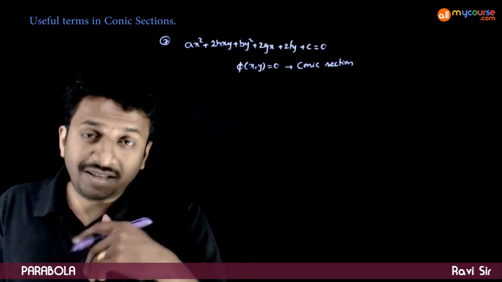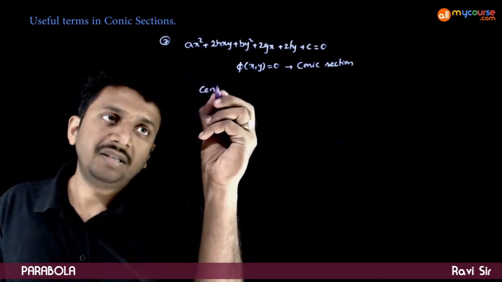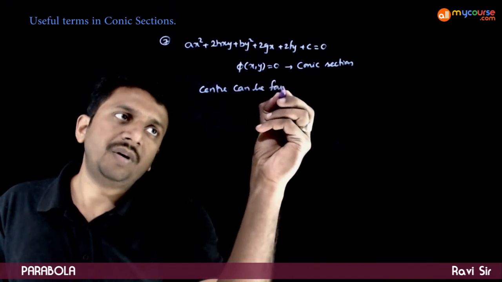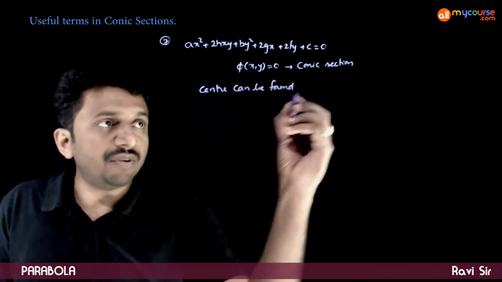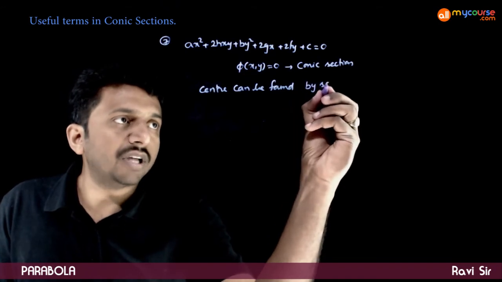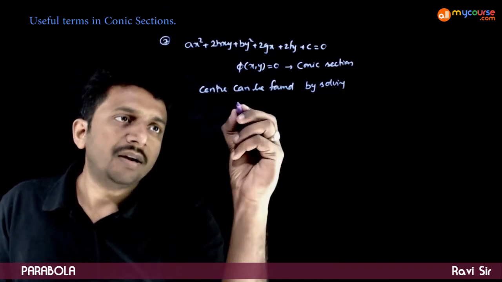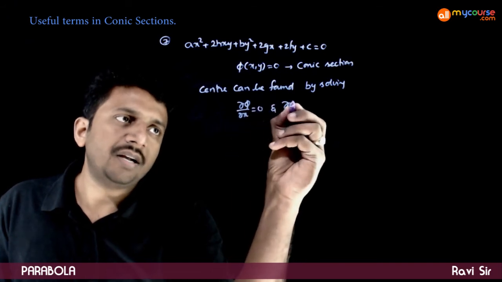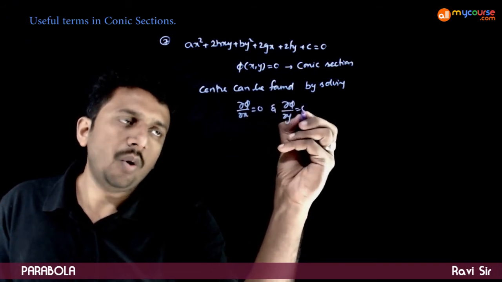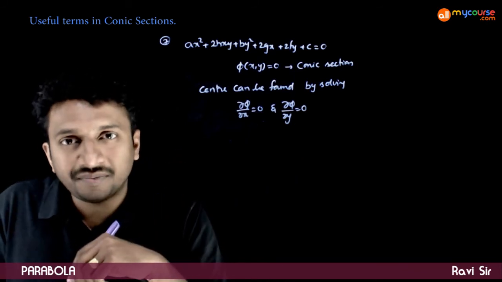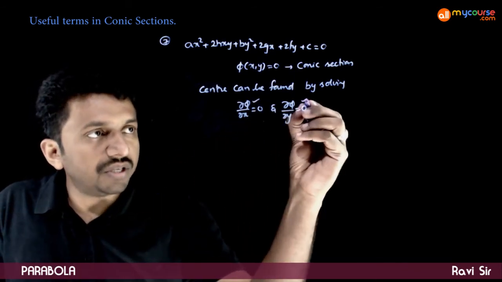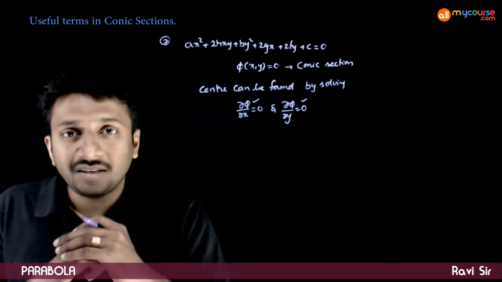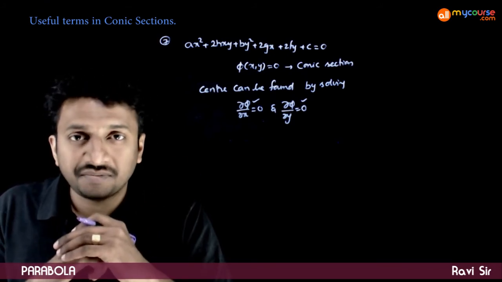How do we find the center? The center can be found by solving dou phi by dou x is equal to 0 and dou phi by dou y is equal to 0.